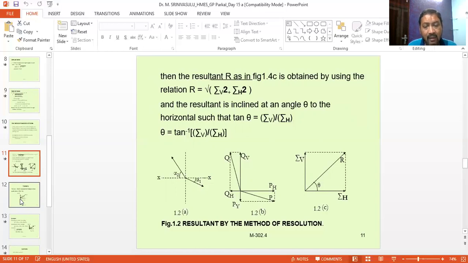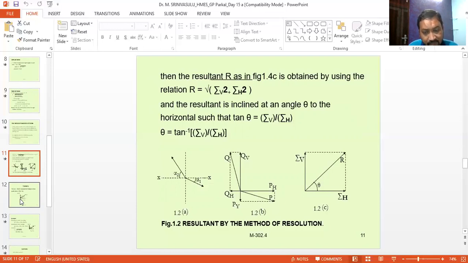So like this, we have to find the algebraic sum. It is very important that in finding the algebraic sum, the positive components must be added and the negative components must be subtracted. That is, the positive x component is added and the negative x component is subtracted. Similarly, the positive y component is added and the negative y component is subtracted.